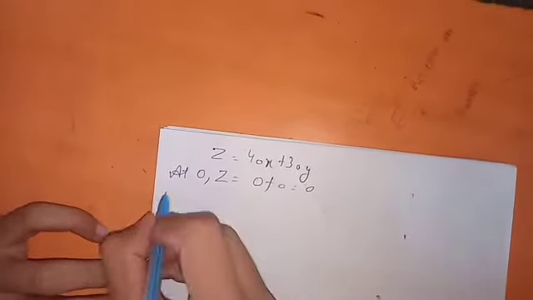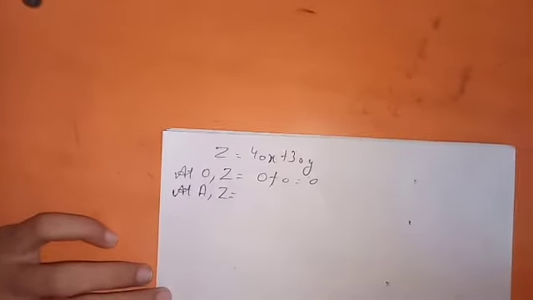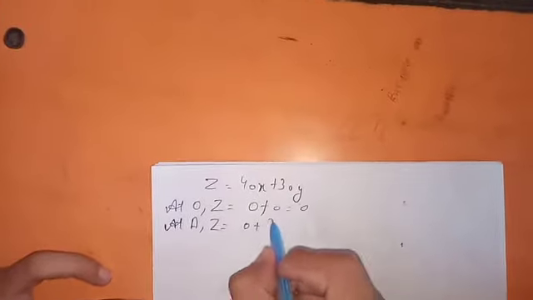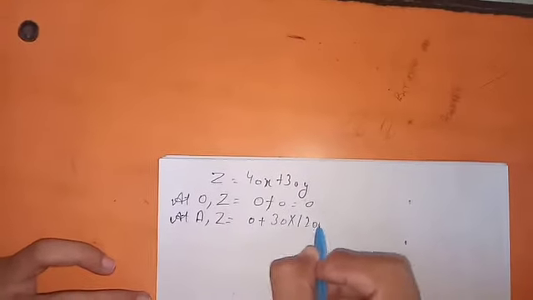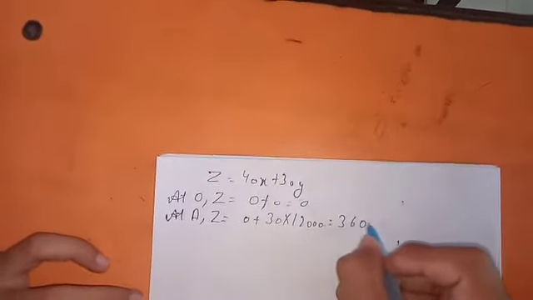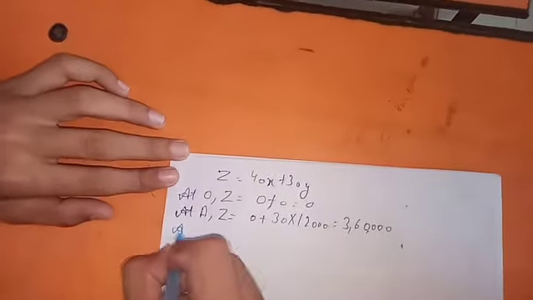At A, z will be what? What are the coordinates of point A? That are 0 and 12,000. So it will be 0 plus 30 into 12,000. So that will be 3,60,000.